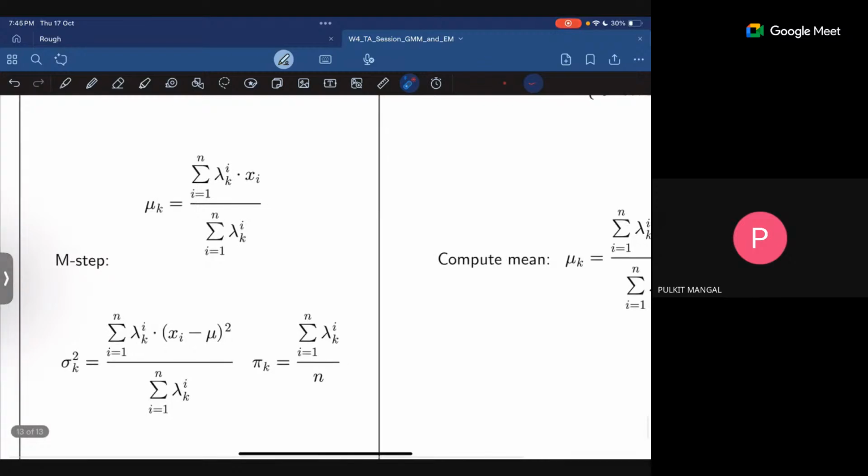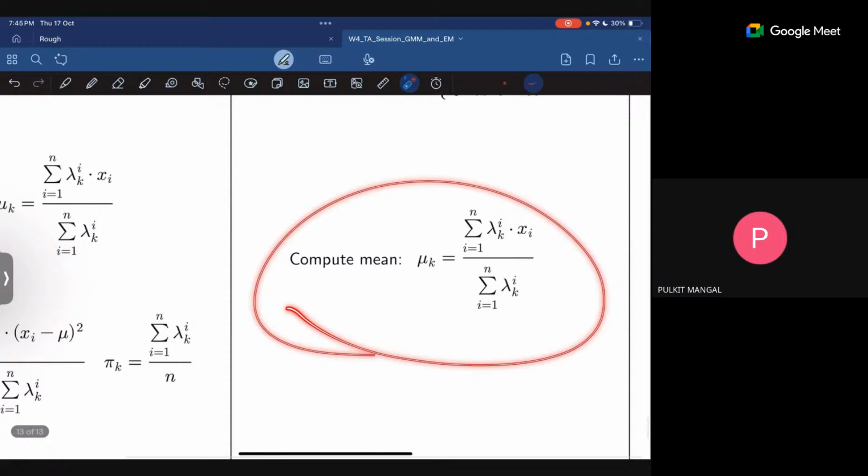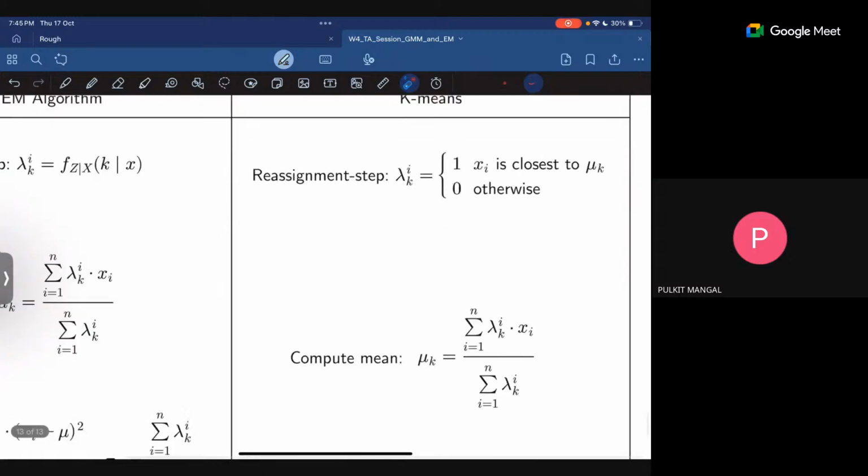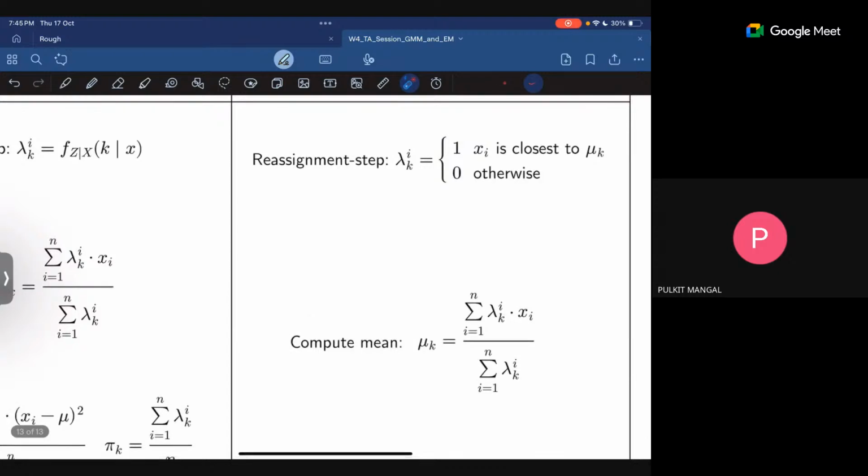The M step in the EM algorithm is the same as computing the mean or recalculating your cluster centers. Now, does the expression that I have written here make sense based on the lambda ik values? Is this expression exactly the same as how you calculate the cluster centers for your K-means?